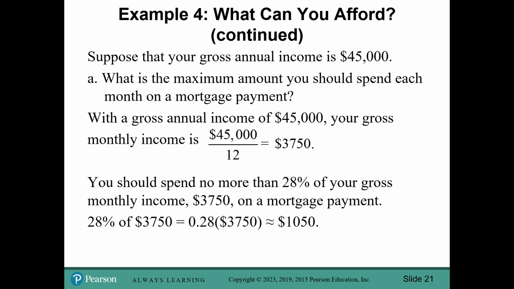You should spend no more than 28% of your gross monthly income, which is $3,750, on a mortgage payment. 28% of $3,750 is $1,050. Okay, so if we're making $45,000 a year, by their guidelines, we should have a mortgage payment that is no more than $1,050.